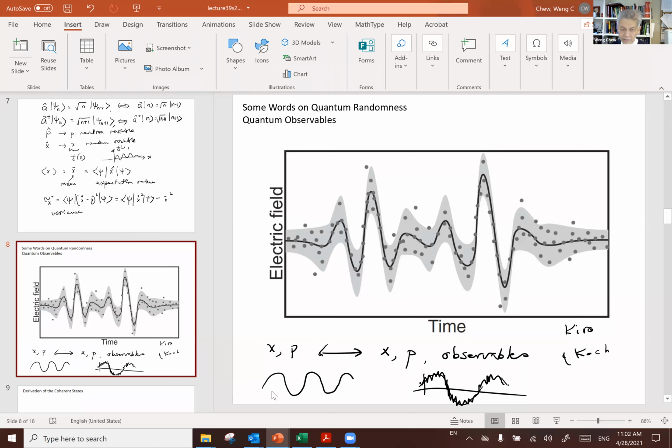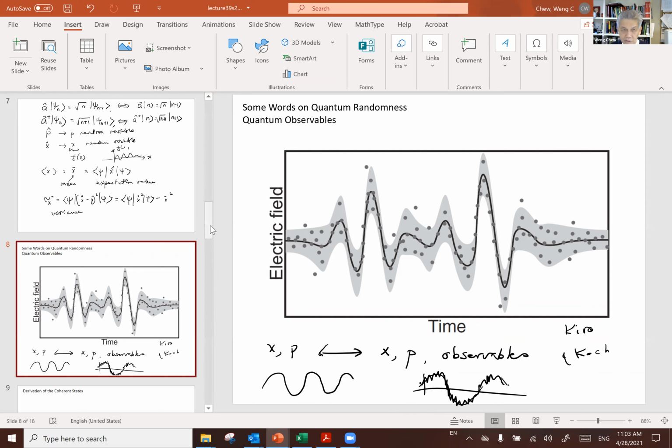Another way of saying it is that in the classical world, if you have a pendulum moving up and down, in the quantum world, that pendulum will not follow a perfect sinusoid, but it follows a sinusoidal function with some mean and variance. The mean value might look like what you find in the classical world, but it can fluctuate about this mean value, which is something that you don't find in the classical description of the world.